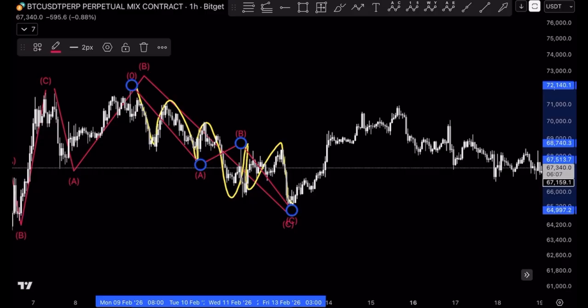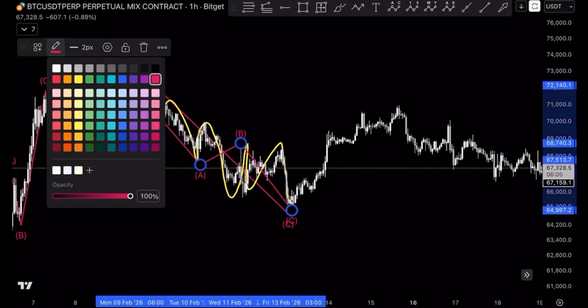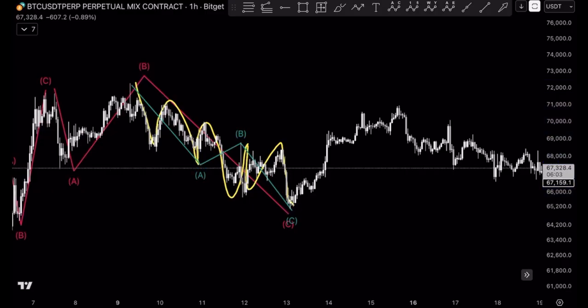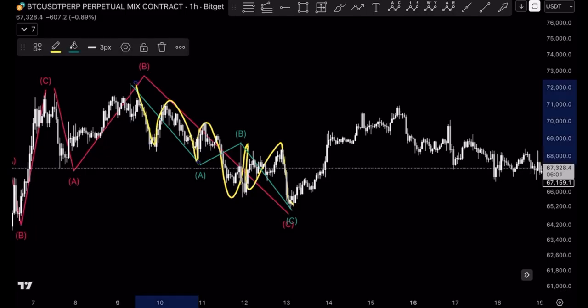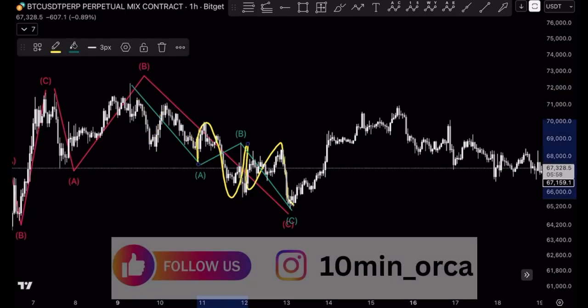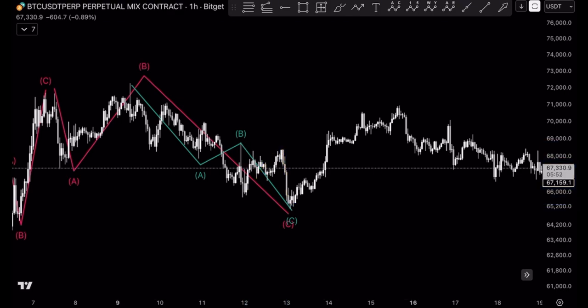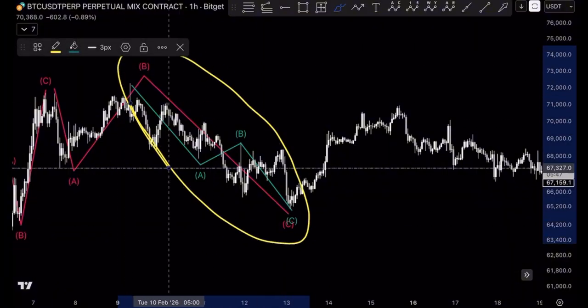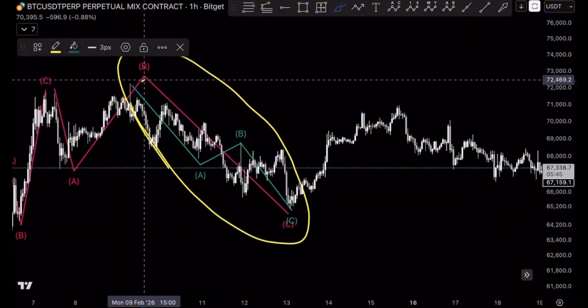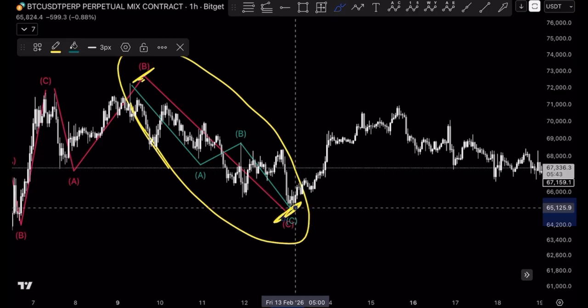Okay, let's change the color to green. These are the corrections inside an ABC, which gives us this ABC structure here, this entire ABC. And this is only from B to C, the main wave to the downside.